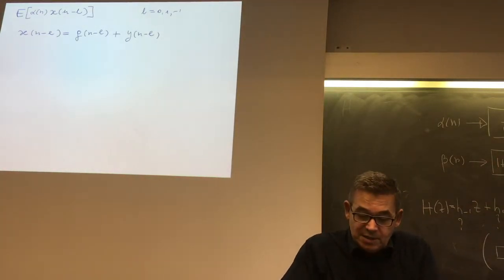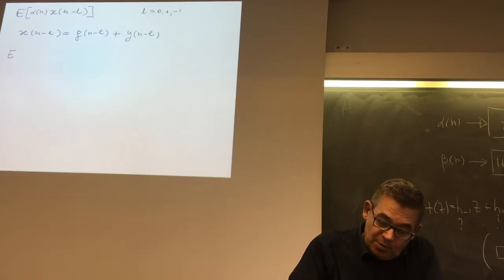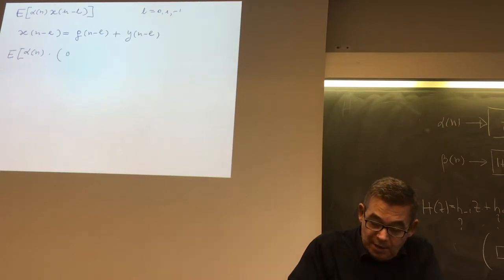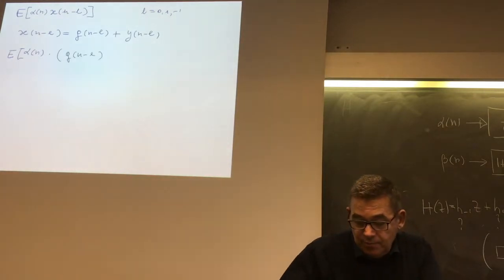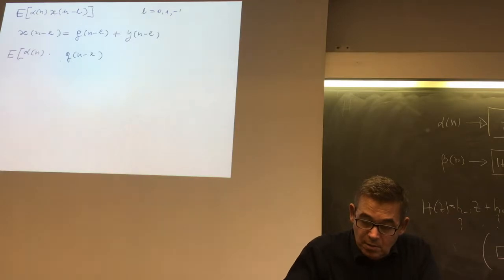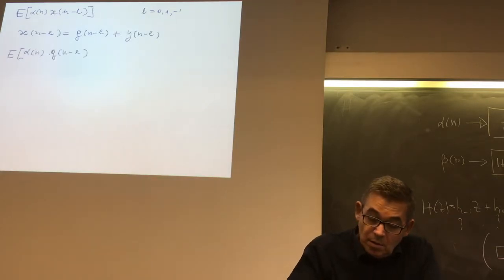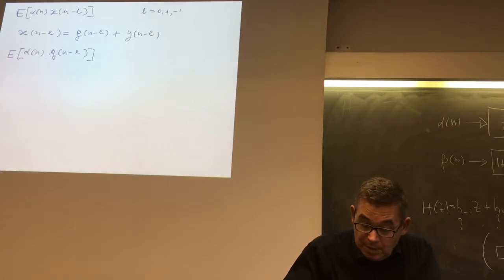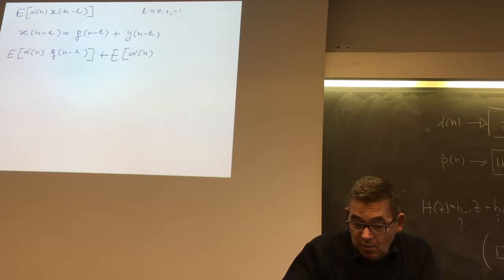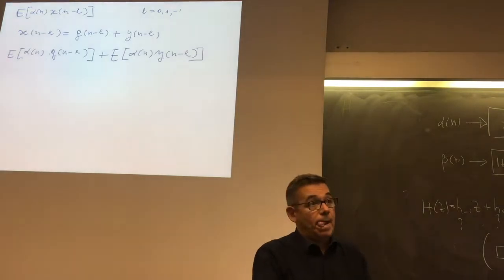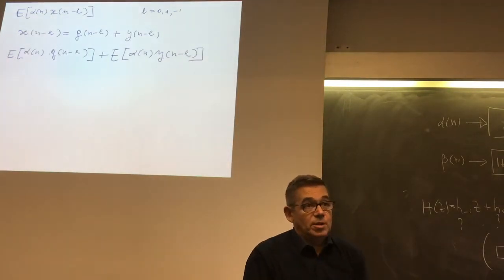Then I'm computing alpha n times, open the bracket, g n minus L. Let me say one by one. Plus expectation of alpha n y n minus L.